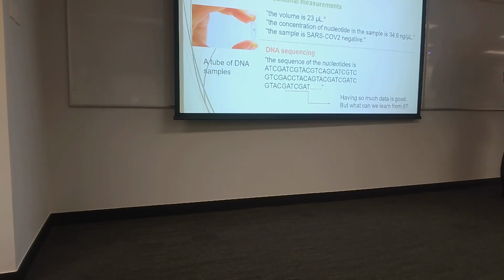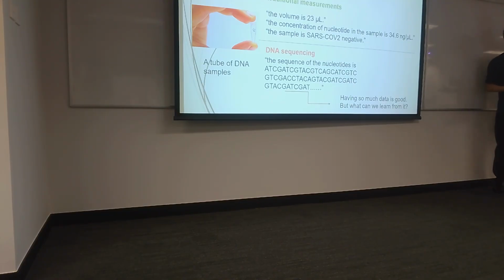This is a kind of concentration quantification measurement. Or you could also talk about the binary signal, right? So whether this sample is virus positive, for example, SARS-CoV-2 positive or negative, right? So this is the binary signal.